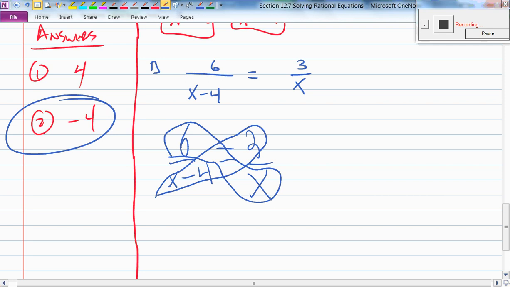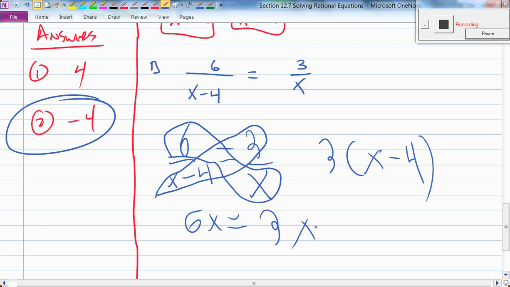When you cross multiply 6 and x, you get 6x is equal to, and when you cross multiply 3 into x minus 4, you get 3x minus 12.